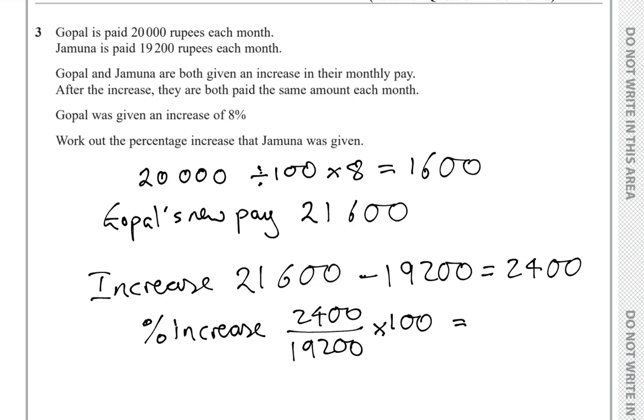So 2,400 divided by 19,200 times 100 is 12.5%. So the percentage increase is 12.5%. And you can check that by adding 12.5% onto 19,200, checking it gives us the right value.